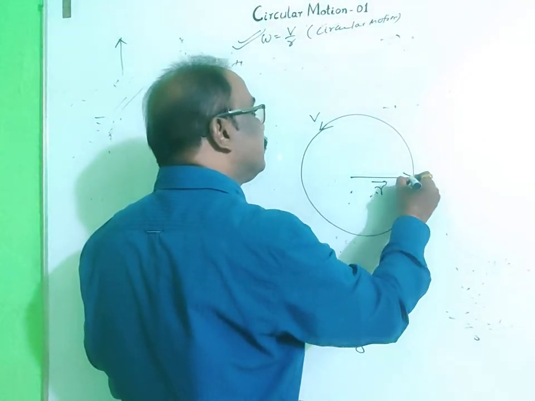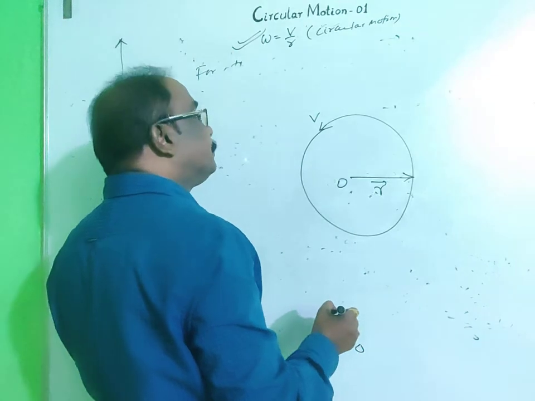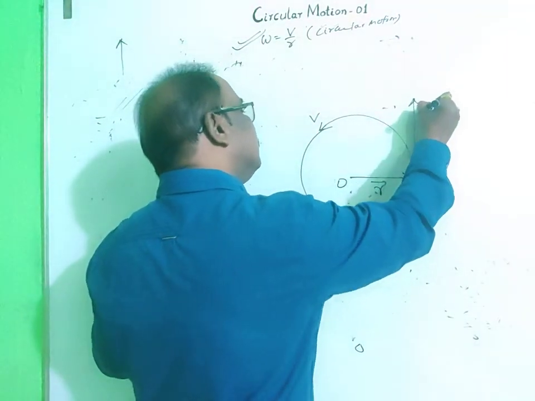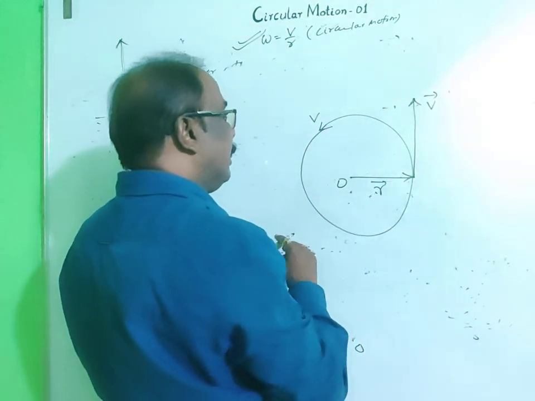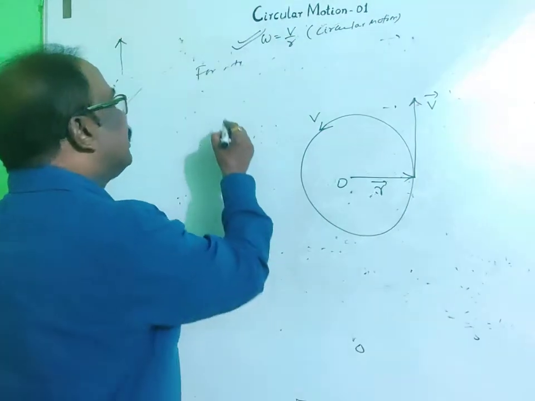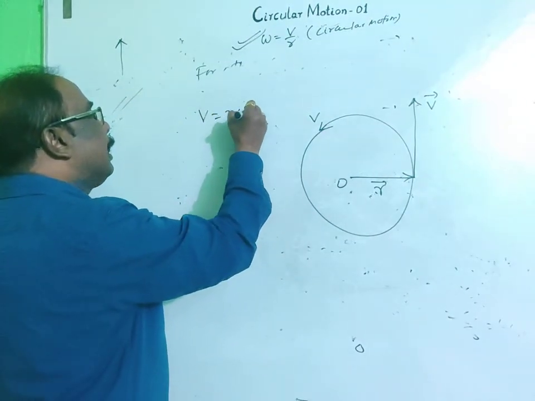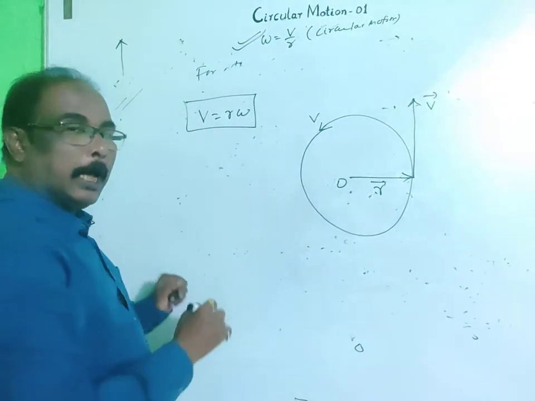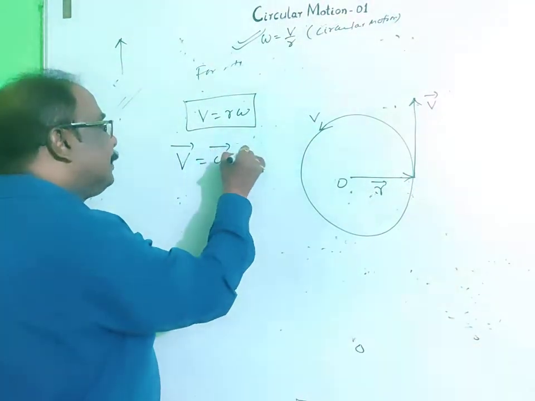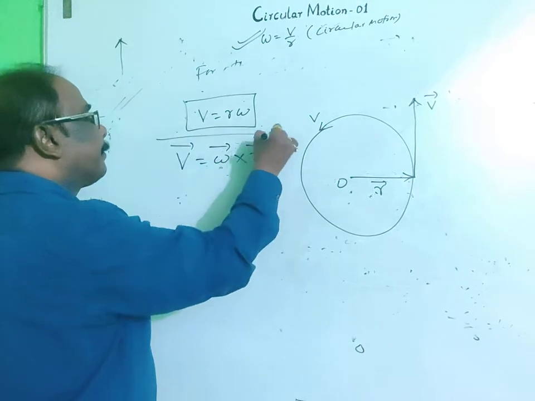This is the position vector, this is the direction of velocity, and this is the direction of angular velocity along the axis. As you know, in scalar form we have written v is equal to r omega. Then in vector form you may write v is equal to omega vector cross r.